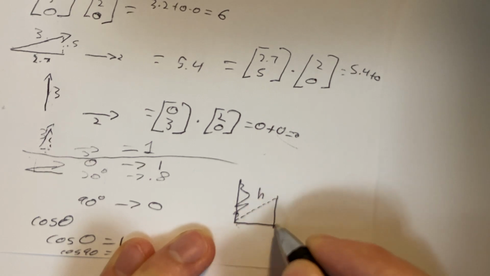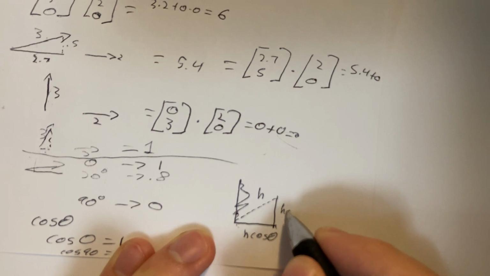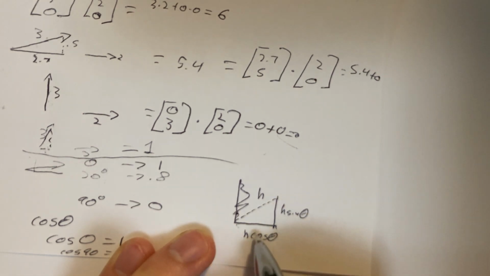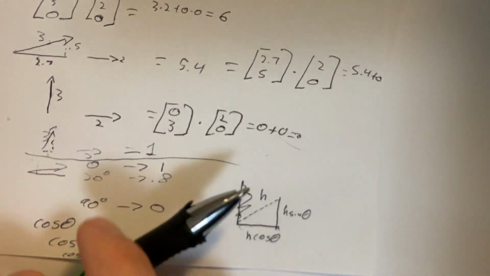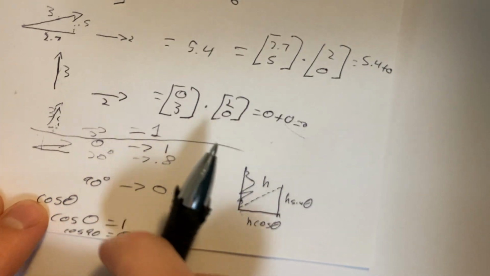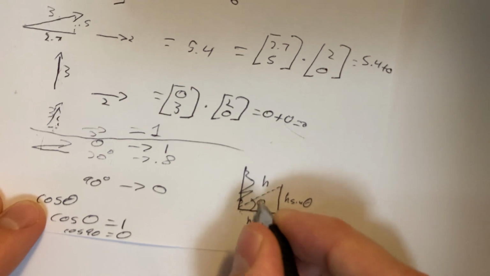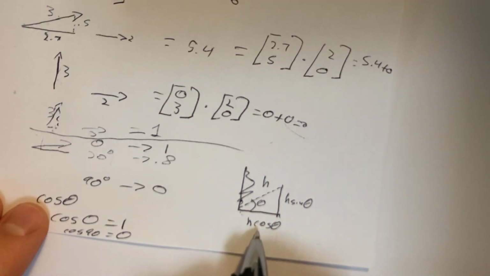Remember this whole length right here is h cosine theta. This is h sine theta. As the angle reaches 90 degrees, as theta reaches 90 degrees, h cosine theta approaches 0.